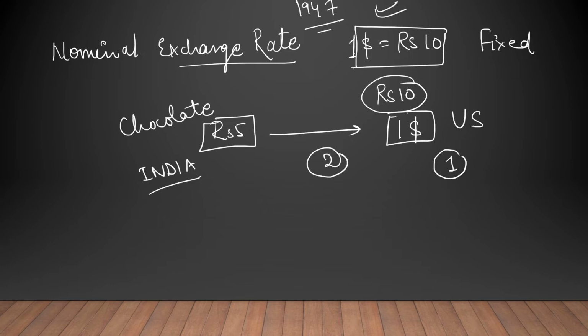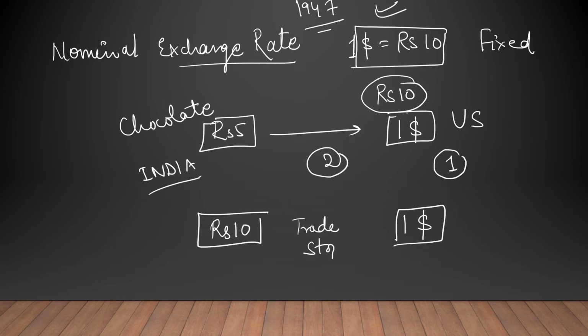But let's say inflation increases in India and the price of the chocolate in India rises to rupees 10. And here it is also a $1 chocolate. So trade would stop, as there is no difference in the price of chocolate in India and the USA. This is why trade will stop. Now, what can be the action of the RBI? The RBI can change the exchange rate to, let's say, rupees 20, so $1 is equal to rupees 20.